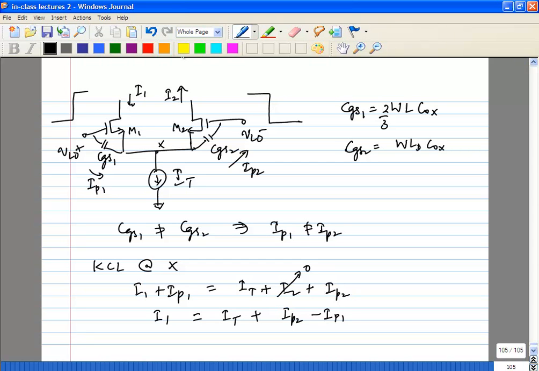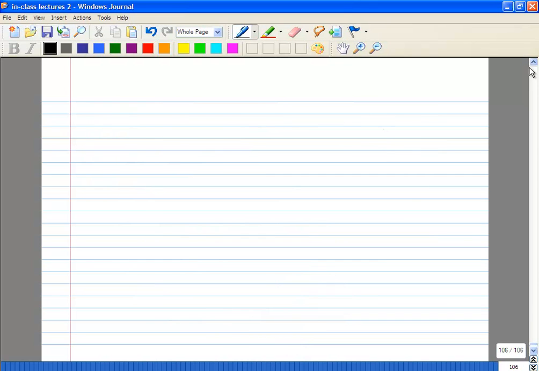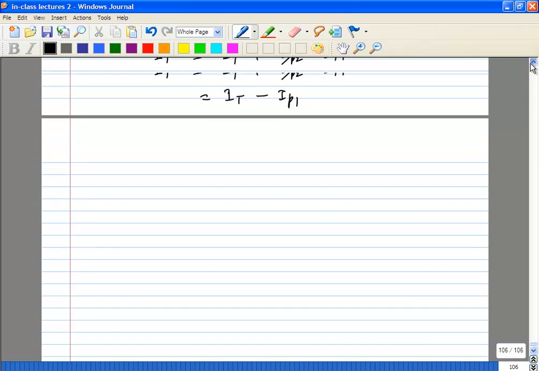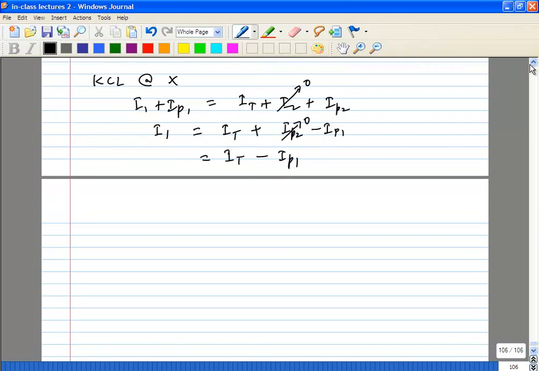What we are also going to assume is that because CGS2 is much smaller than CGS1, IP2 is very small, almost 0. Remember that CGS2 is very small.